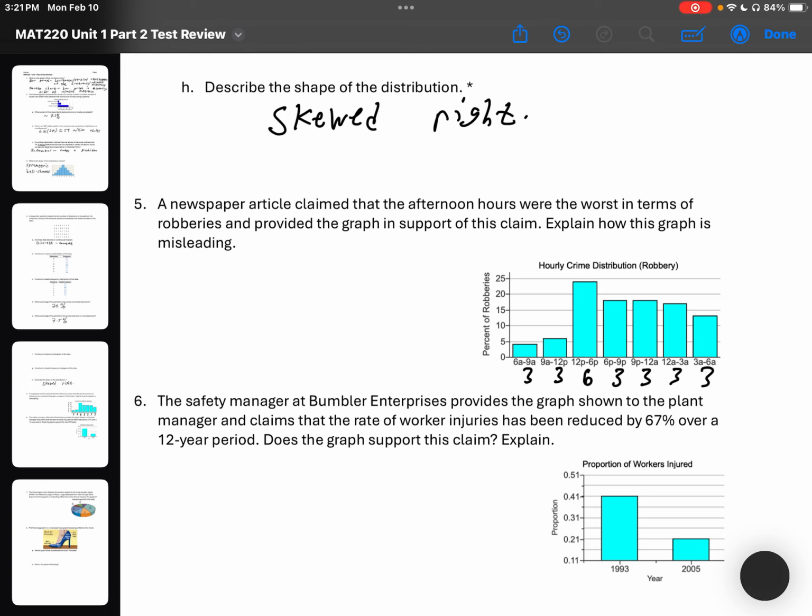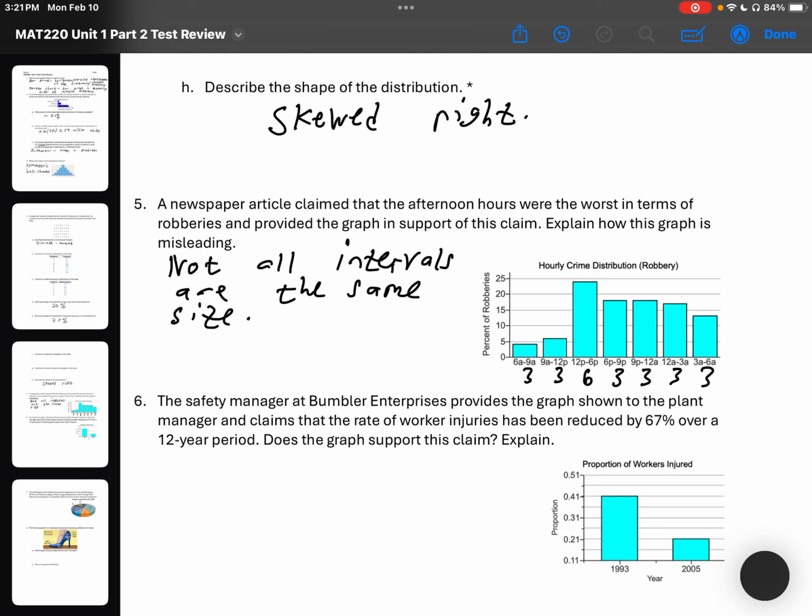So specifically, this is misleading because not all of the intervals are the same size. So what does that mean?